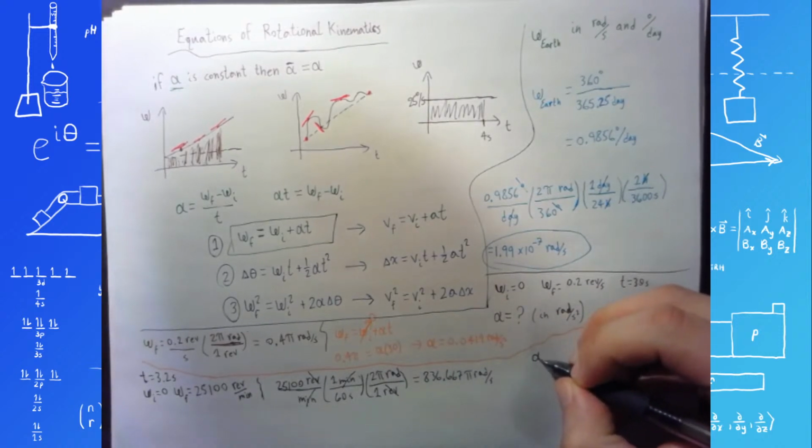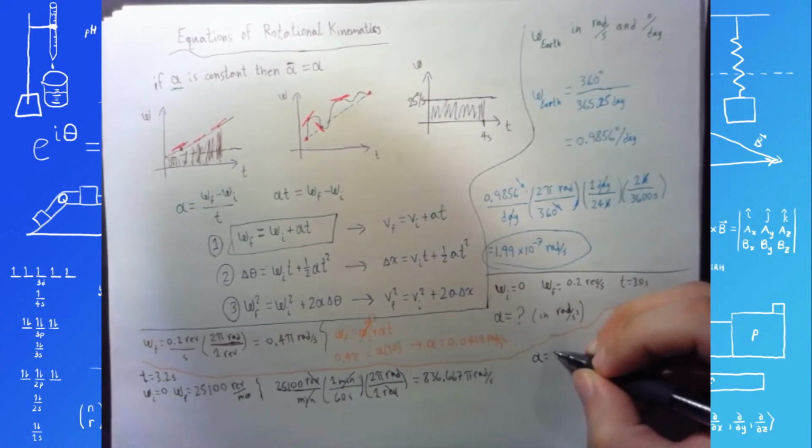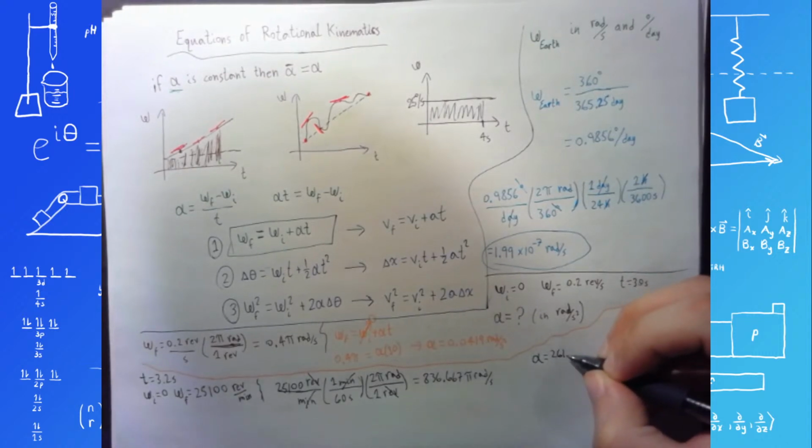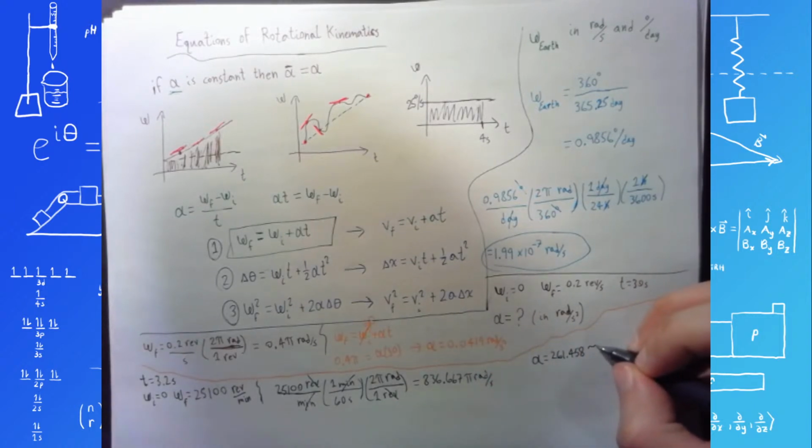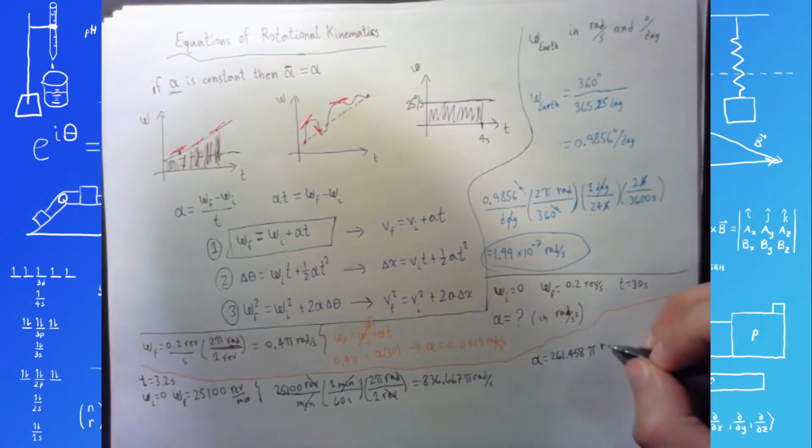So angular acceleration equals 261.458 times, of course, the pi, and that will be in radians per second squared.